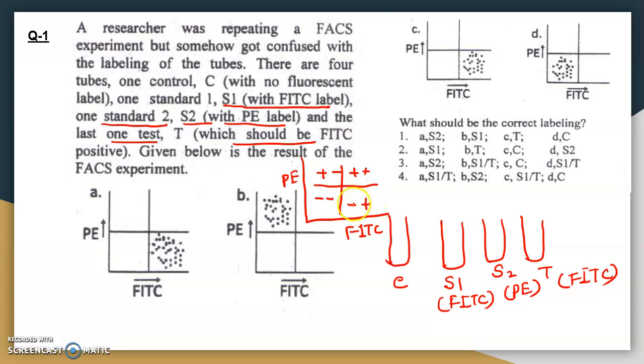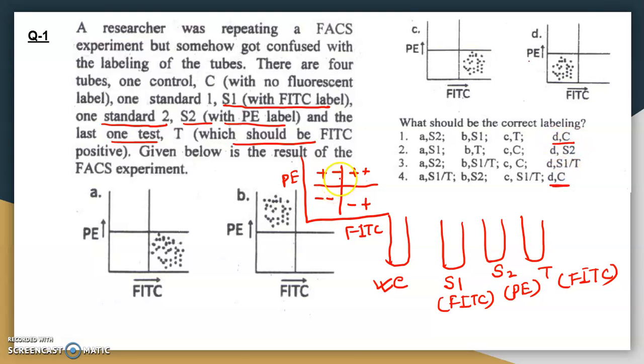The control is double negative, as there is no fluorescence label, either FITC or PE, so it is negative for both. So this one should be the control, D should be the control.